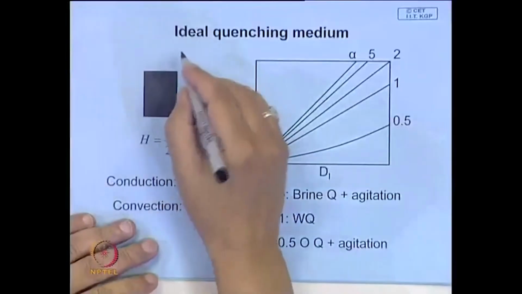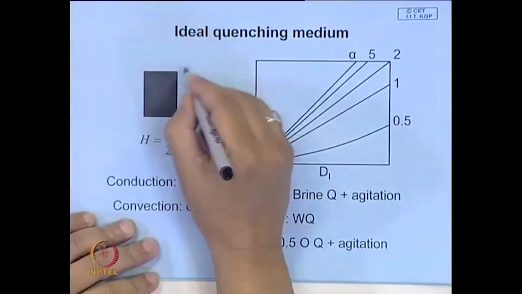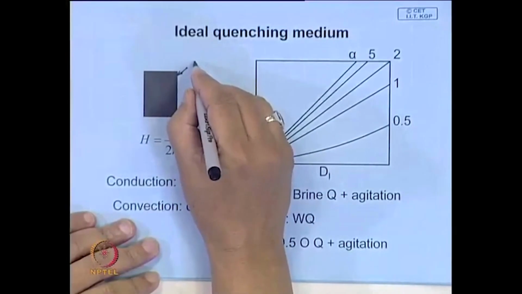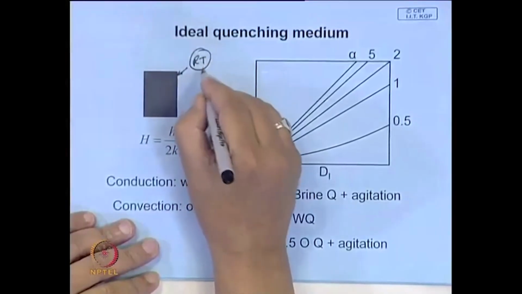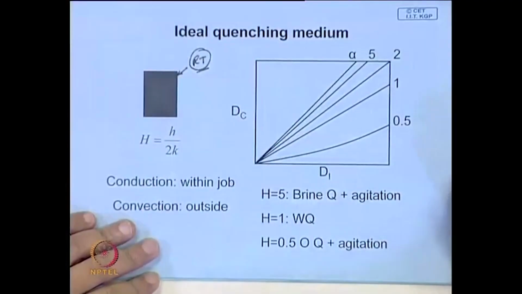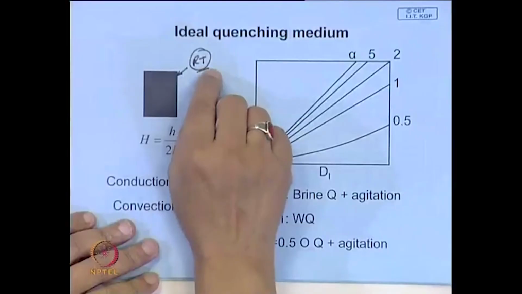And what is an ideal quenching medium? When you quench the job in water, say from 760 in cool water, you are decreasing the surface temperature drastically. Now, think of an ideal medium where, when you quench, the surface temperature immediately comes down to room temperature, or 0 degree centigrade, let us say, a temperature where transformation is complete, below the Mf temperature.